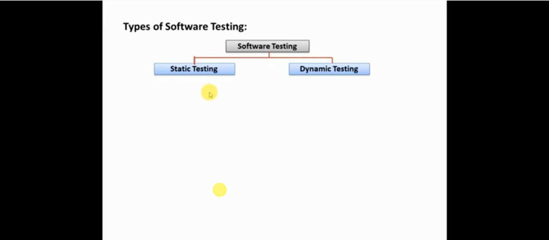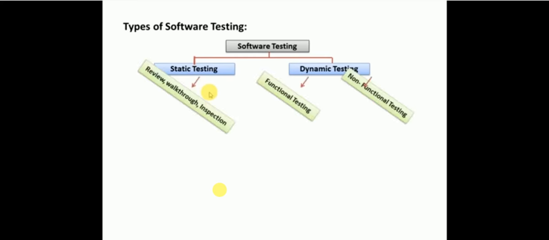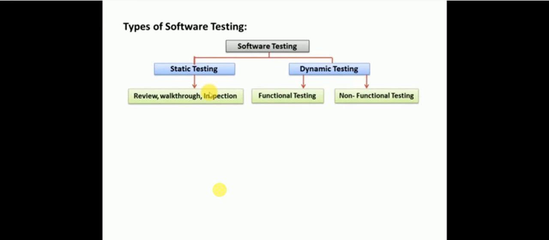So what does it mean? It means validating and checking the documents that were created before the coding begins, or even if the coding has begun, there are certain ways of performing static testing on the code. Let's see how we can achieve it. The ways of performing static testing are review, walkthrough, and inspection.